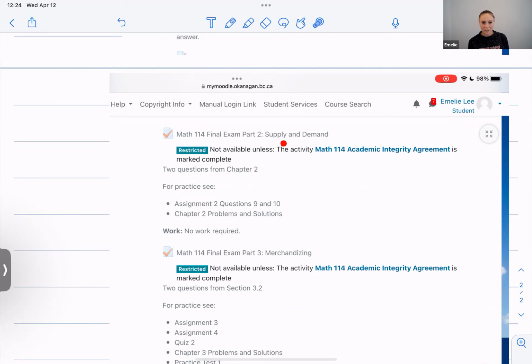Part 2. I think it's part 2. Okay. No work required for part 2. And so if you wanted to make sure that you have all your parts in your stack of papers ready to go, then you could say part 2, no work required, just so you have all the parts on separate pages, that kind of thing.